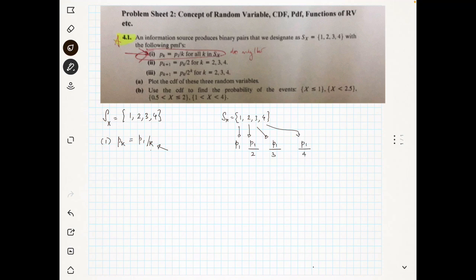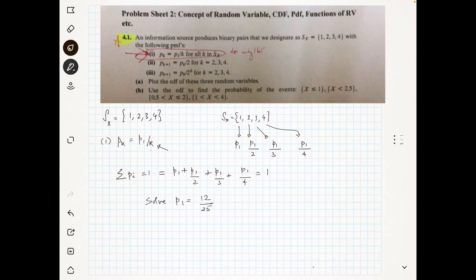Now we want to find the probability for each event. You know that if you add all the probabilities, the sum of all pi will be equal to 1. That means p1 plus p1 by 2 plus p1 by 3 plus p1 by 4 will be equal to 1. If you solve this equation, you will get p1 as 12 over 25.